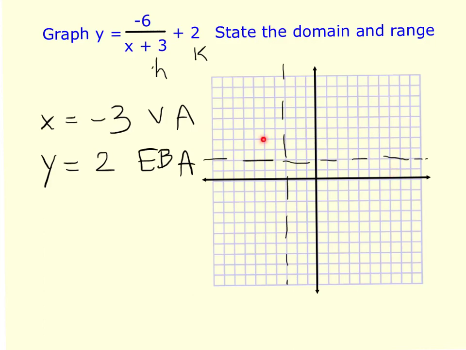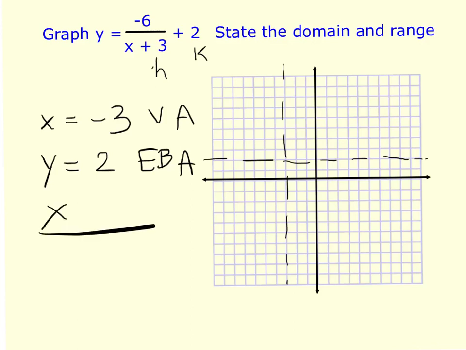So I need to test some points to the right of the vertical asymptote and to the left of the vertical asymptote, and enough to know where my branches are going to fall. Easy points to test would be definitely 0, maybe 2, and negative 2. And then maybe negative 5, but I think I'll get an idea of what's going on here.